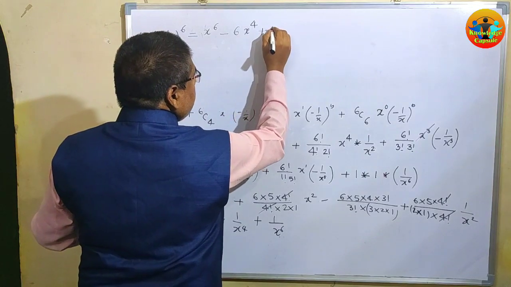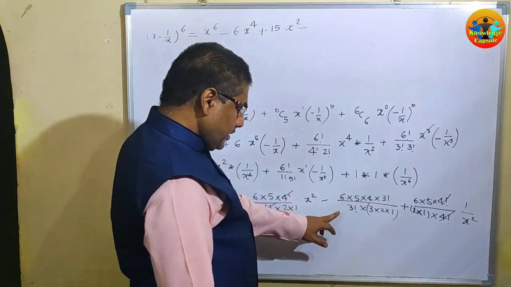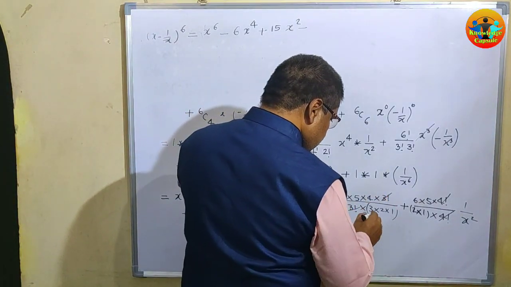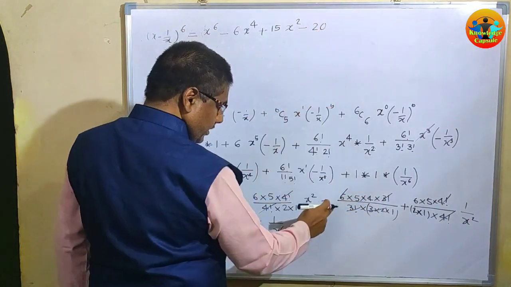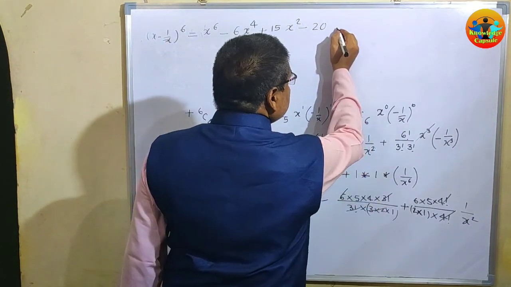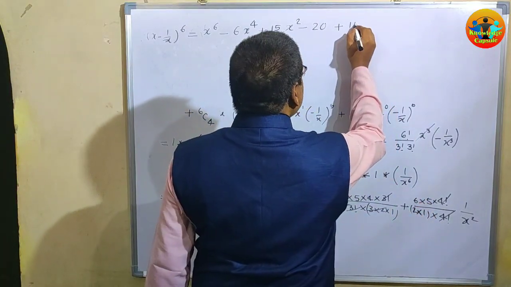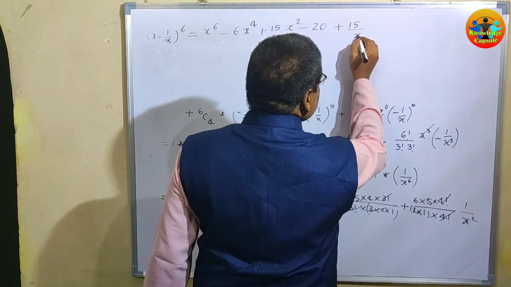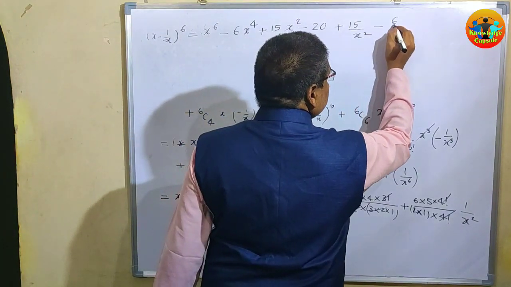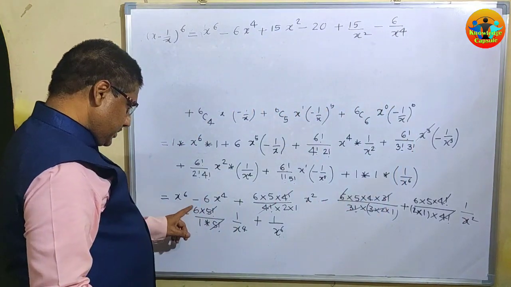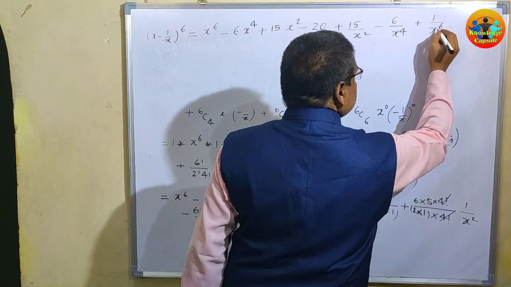It is 15. 15 x raised to 2 minus, here 3 factorial will get cancelled. 3 2s are 6, 5 4s are 20, minus 20 plus, next term is 6 5s are 30, 30 upon 2 is 15, 15 upon x square minus 6 by x raised to 4, and the last term is 1 by x raised to 6.